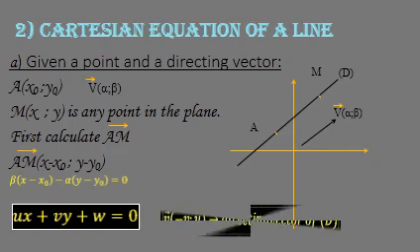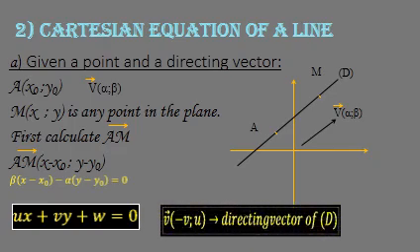And in this case, (-v, u) is the directing vector of D. So pay attention: the directing vector in the parametric equation is (a, b), where a and b are the coefficients of the parameter, while in the Cartesian equation, the directing vector is (-b, a).